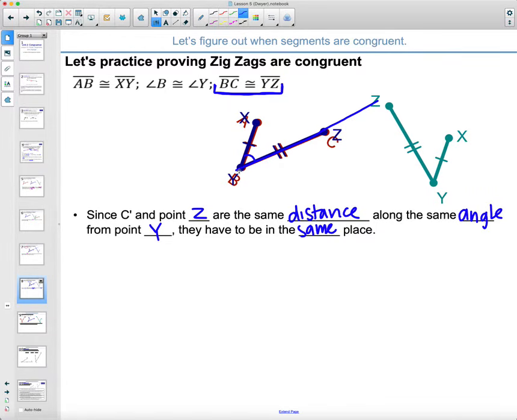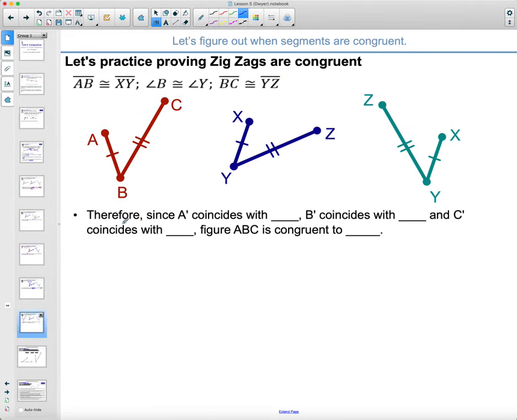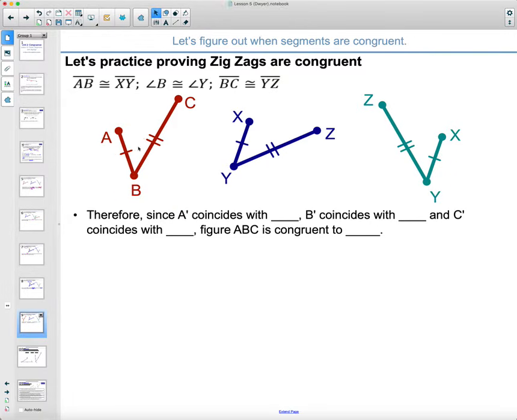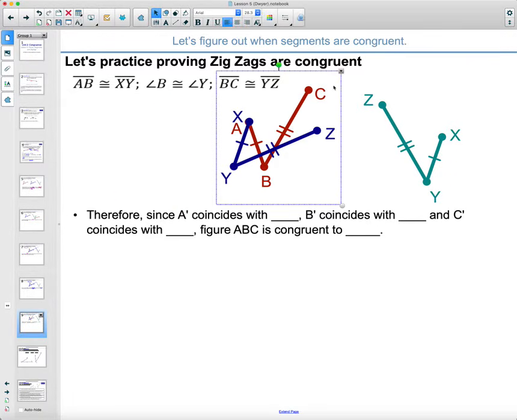Because C is the same distance from Y, because it's B, as Z. So C is the same distance away as Z is, so they have to land in the same spot. So first you got XY matched up, you flipped it over, and then you proved why C is on the same spot.